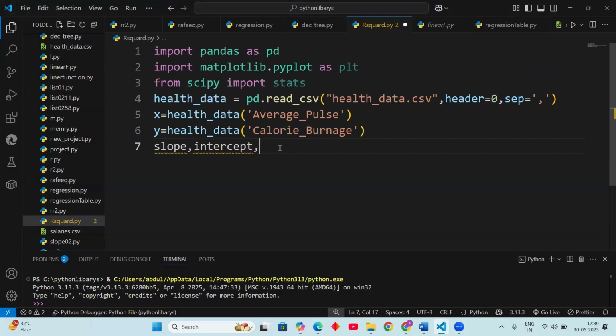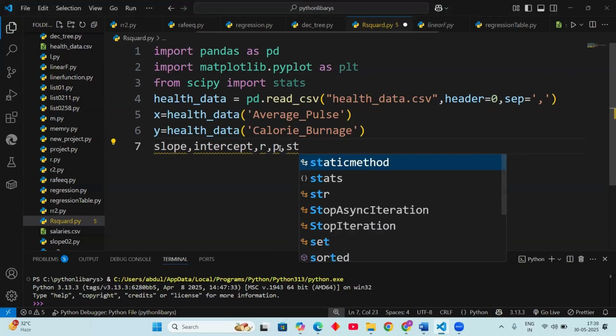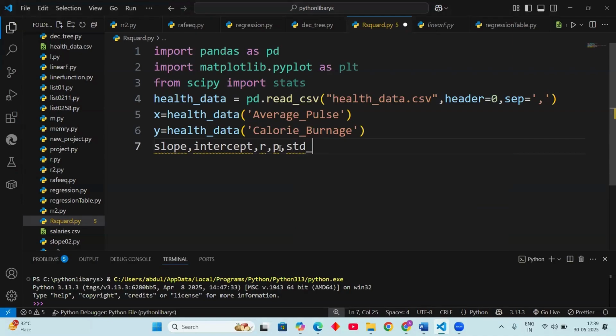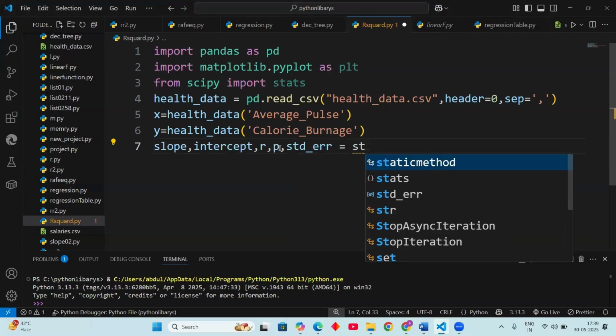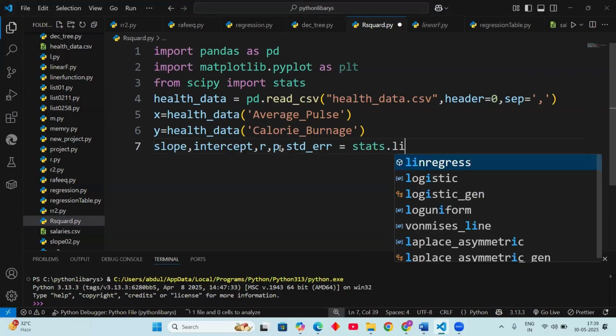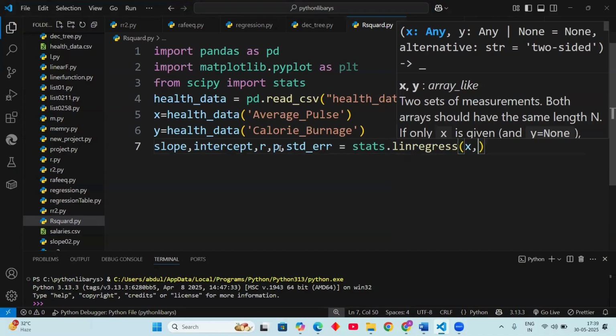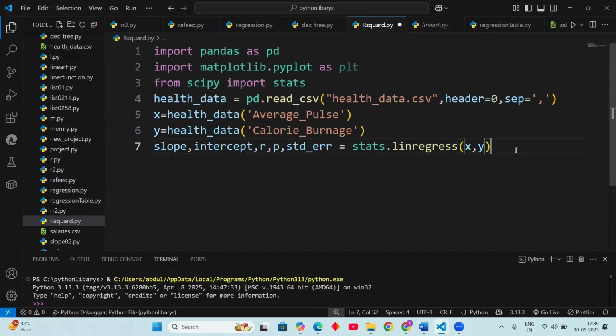So after that I need r, I need p value, and after that I need std error. All this I am assigning to stats.linregress, which is a function. I am assigning the values x comma y.